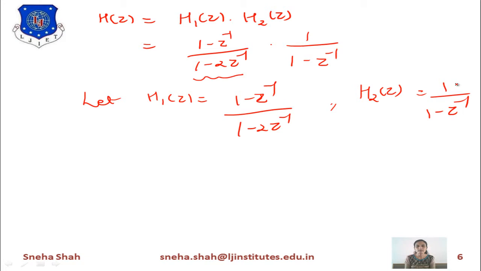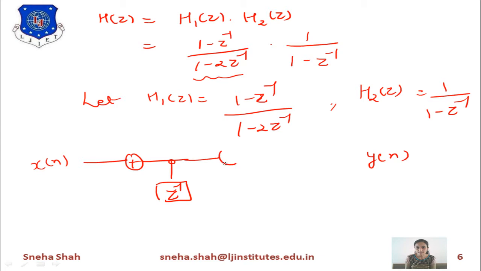Now if I draw these two parts, each will be represented using the direct form 2 structure. Starting with input x of n and output y of n, the first term is represented with a plus and z inverse using the shortcut method. For the numerator 1 minus z inverse, we draw 1 as it is and minus z inverse.